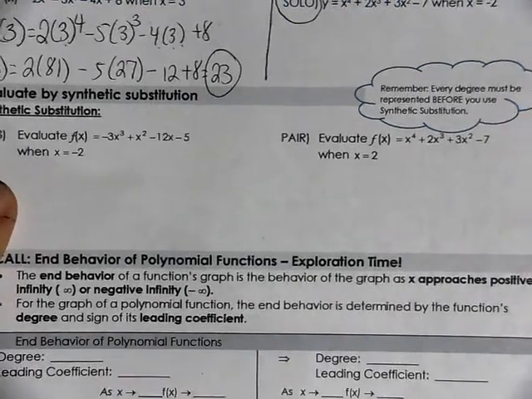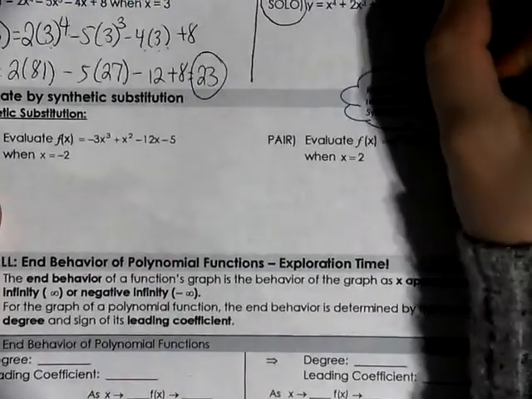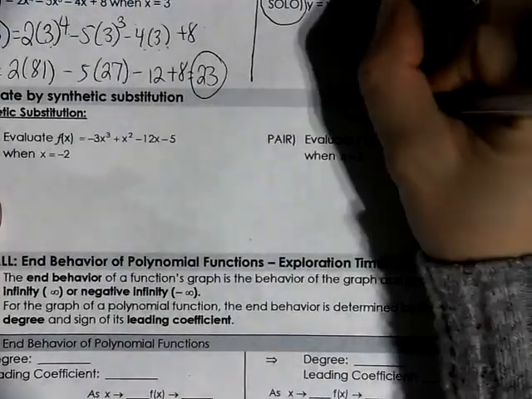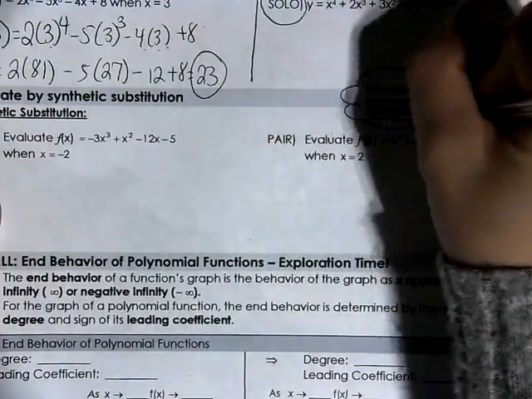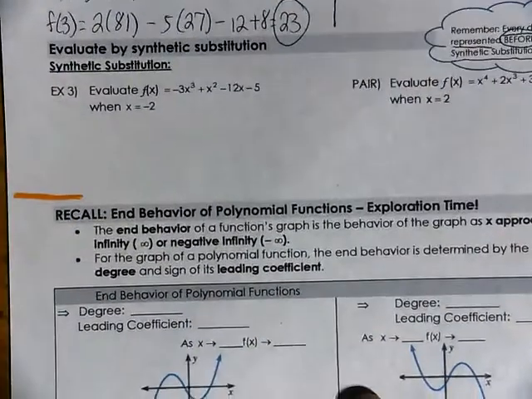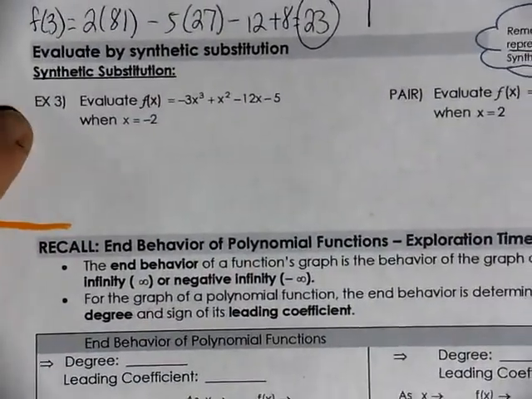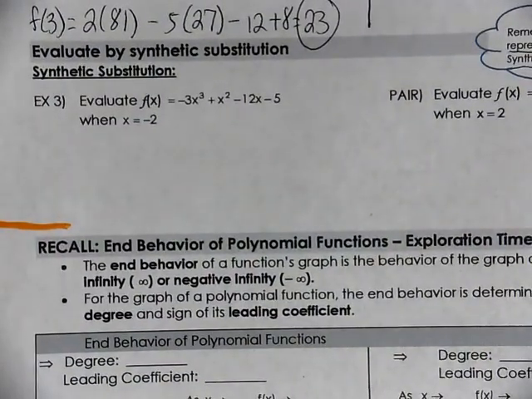So in synthetic substitution, you need to make sure that every degree is represented before you use synthetic substitution. If you think about the word synthetic, like synthetic oil in your car, it acts like oil, it gets the job done like oil, but it's not just regular car oil.